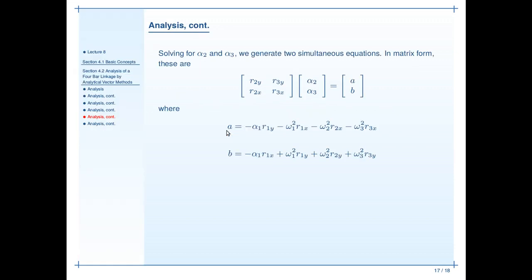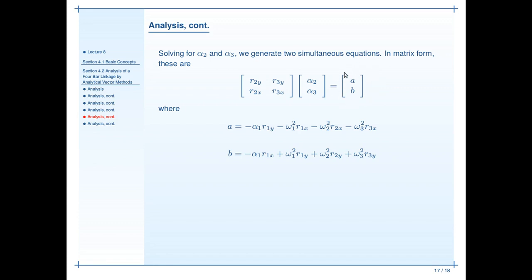So simplifying a little bit, generating two simultaneous equations, we can rewrite this into matrix format and come up with the following. Noting that your book, which uses the same nomenclature, does like to simplify some of these equations.